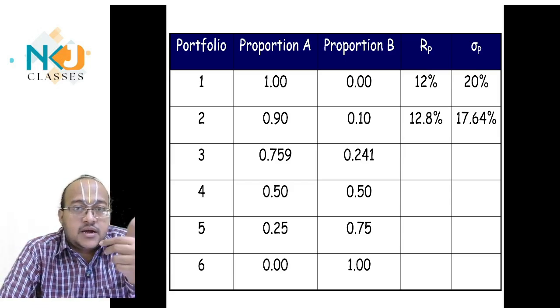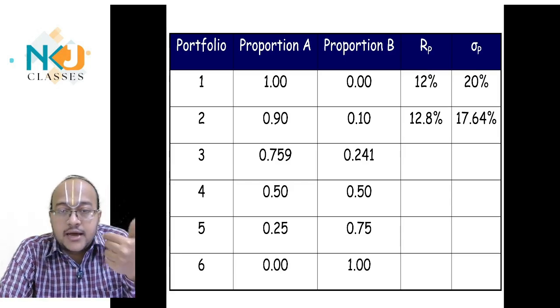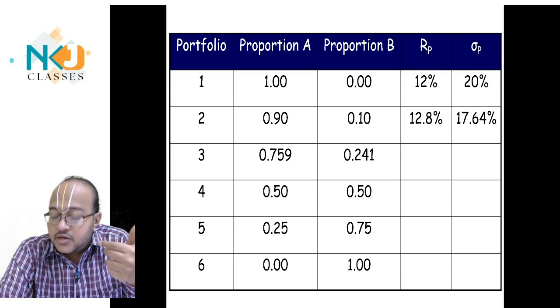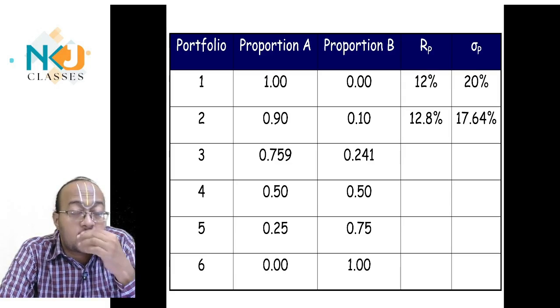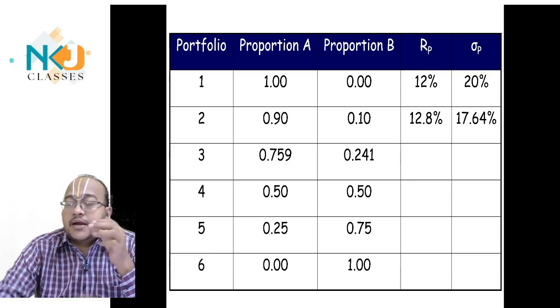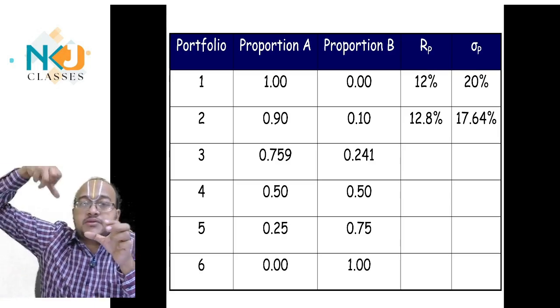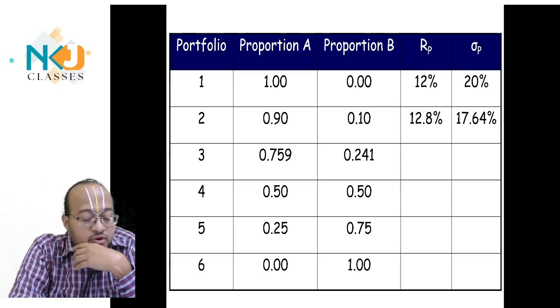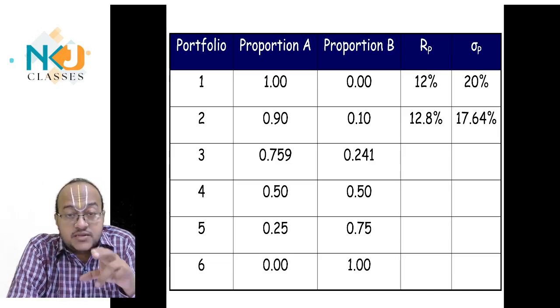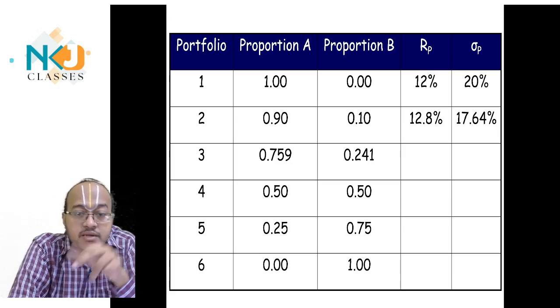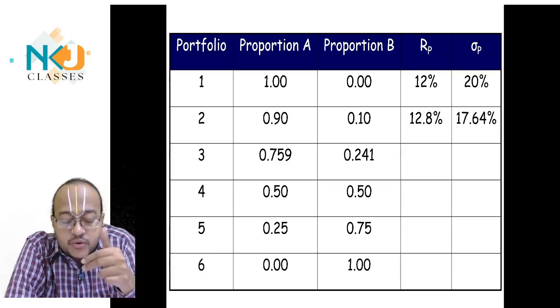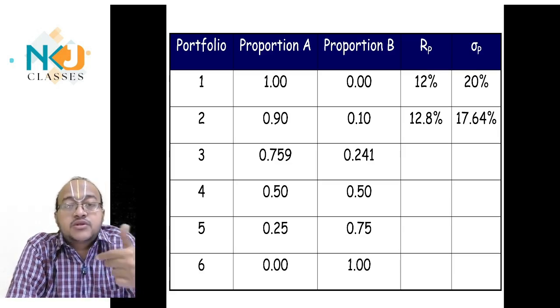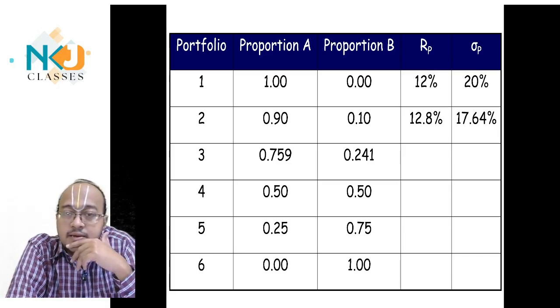Now I injected a significantly higher amount of the risky security, security B, having a risk of 40%. Despite injecting that 40% risk into portfolio 2, yes, the return has increased, but to my surprise, risk has reduced from 20% to 17.64%. Are you all observing? Okay.